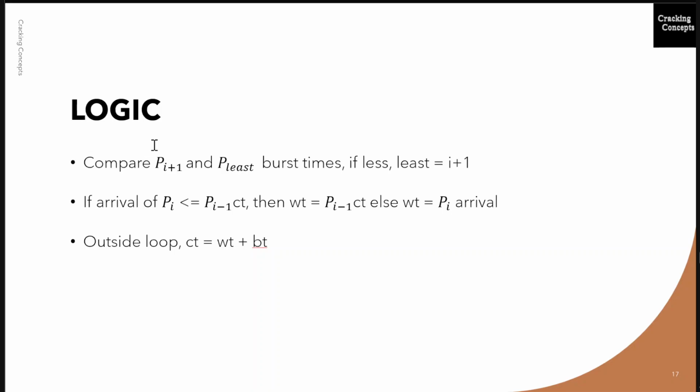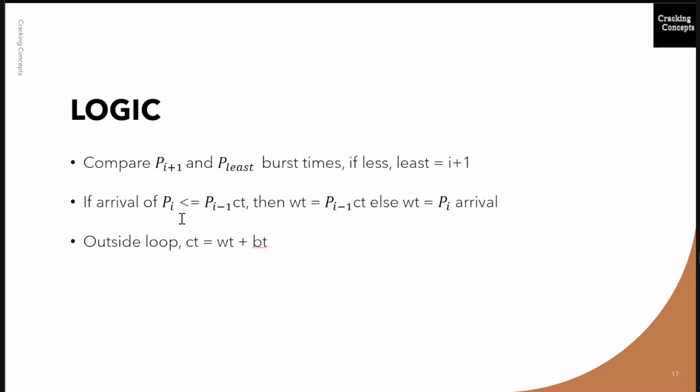Now, if Pi plus 1 will have a shorter burst time, then it will be the new least, or this process will continue to be the least one. Also, in another loop, the arrival time of Pi and the completion time of Pi minus 1 is compared.